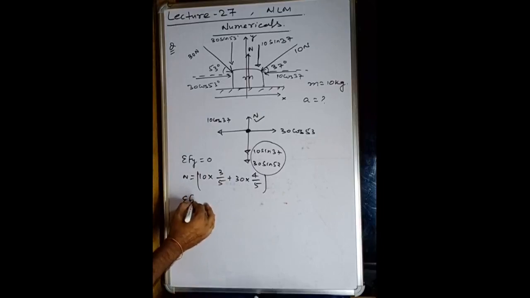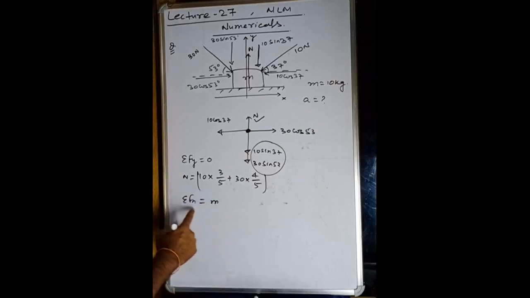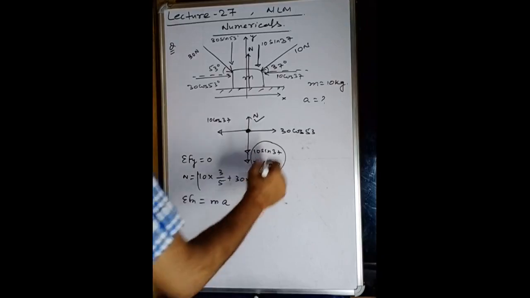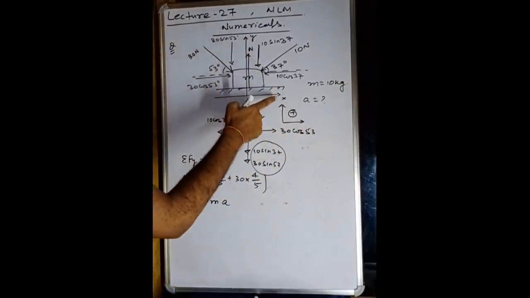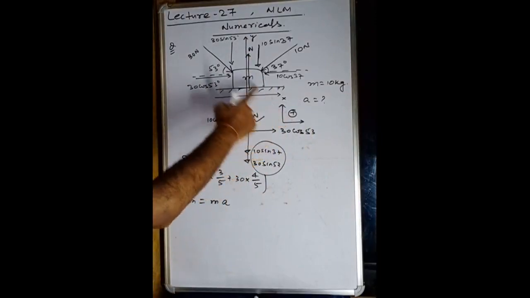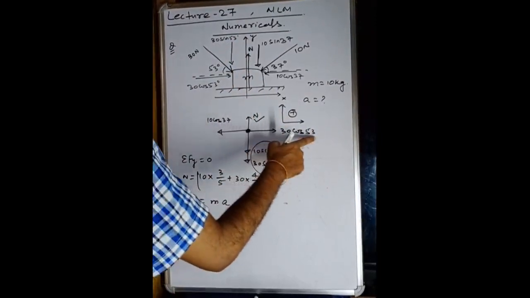Now, sigma Fx is not equal to 0. Why? Because if it were 0, then the net force would be 0. But here we are considering sigma Fx equal to mass times acceleration, which we are going to find. Okay. So we are considering this as the positive axis. We have considered already the positive x and positive y. So for ma, all the forces in this direction will be positive.